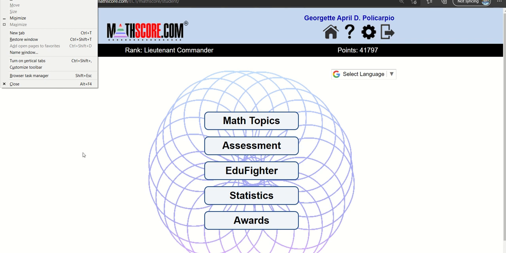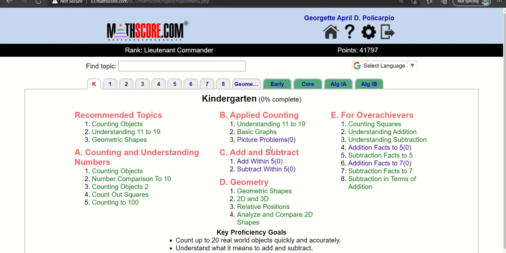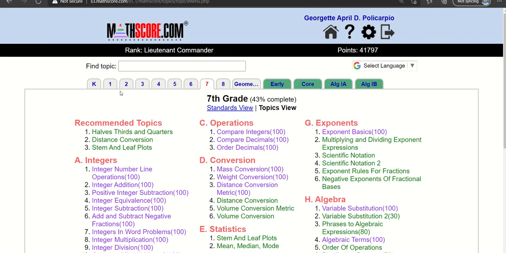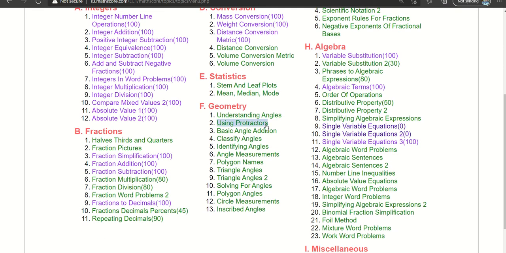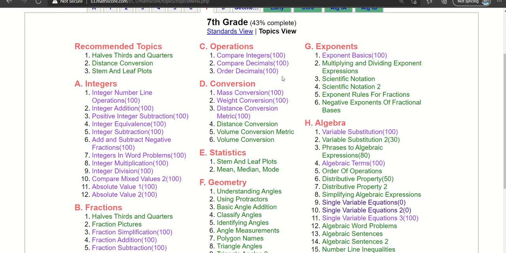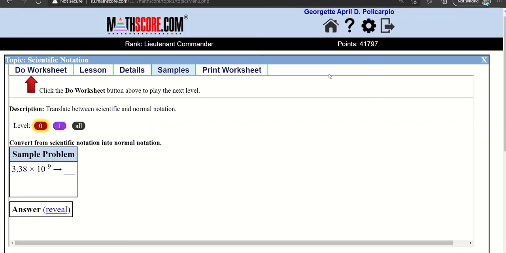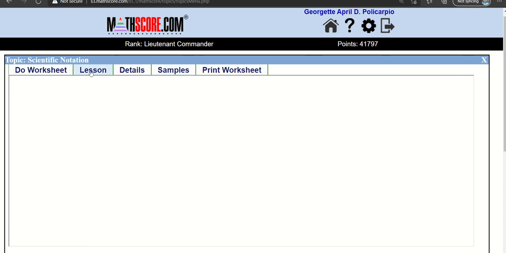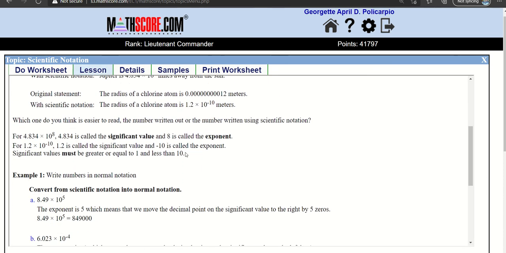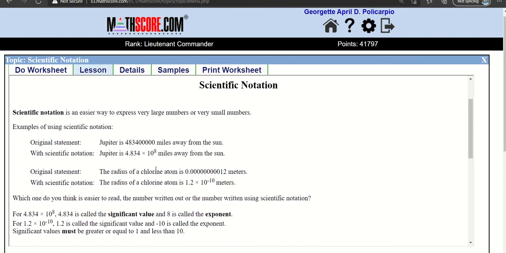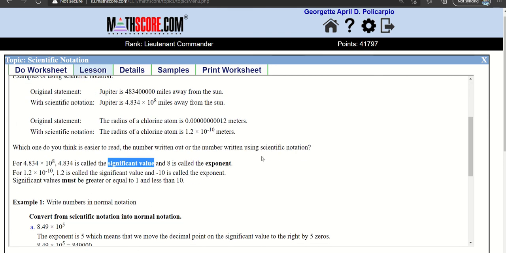Yung scientific notation 1 lang po yung ating gagawin. Grade 7 tab, hanapin natin yung scientific notation. It's under exponents. Ayan. May lesson part din naman siya. Yun din naman po yung ating discuss. Meron lang ditong discussion about significant value.